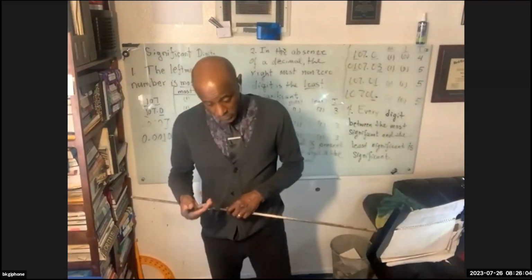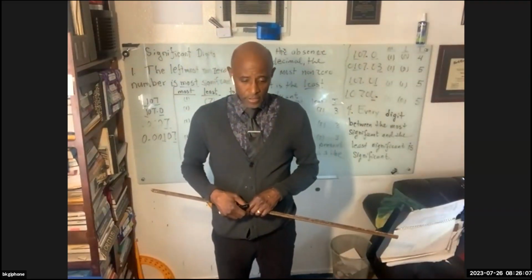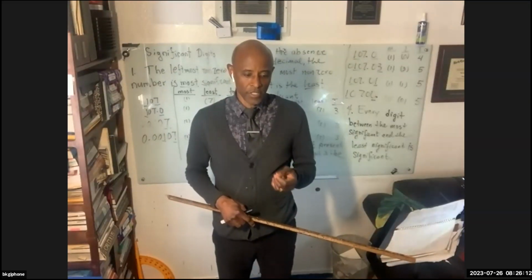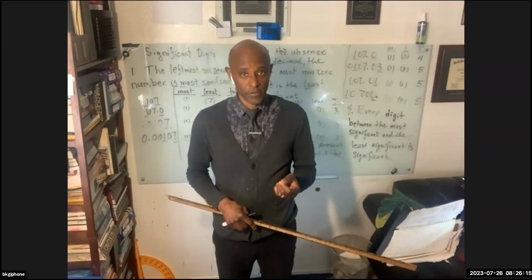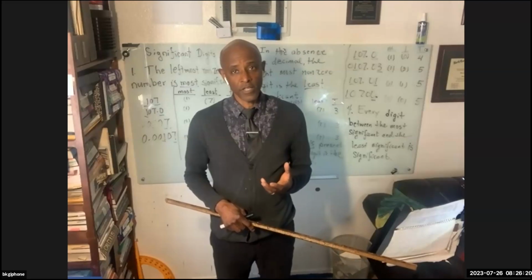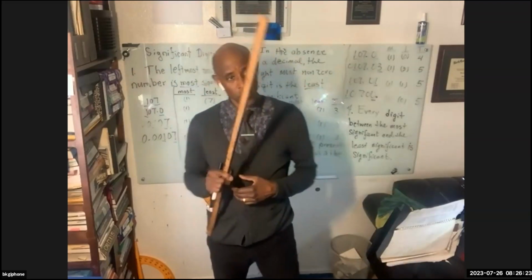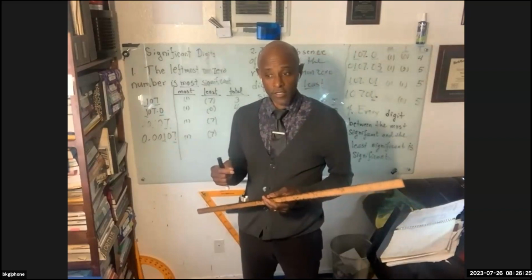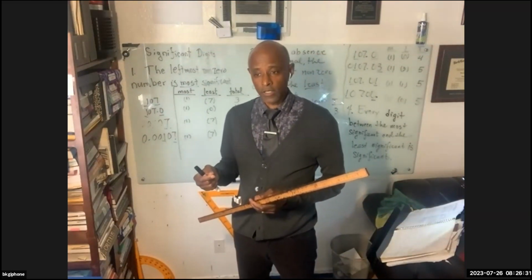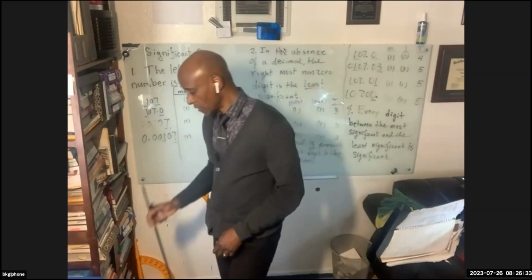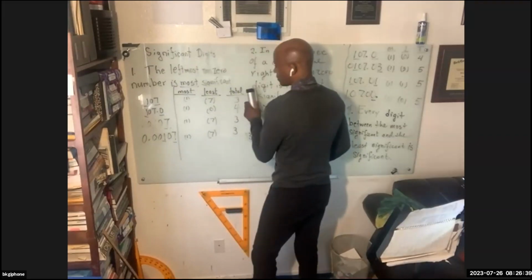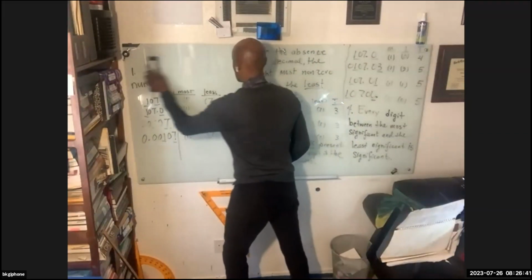The rule of thumb that I use is that you can always determine a measurement to one digit beyond the significance of the least count. The least count is the smallest unit of measure on the device. So on a meter stick, the least count is the millimeter position or the tenths of a centimeter position. Right? It's the smallest increment of measurement. So let's take a look at that.